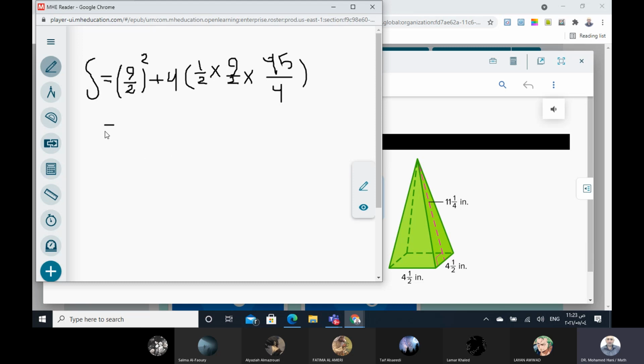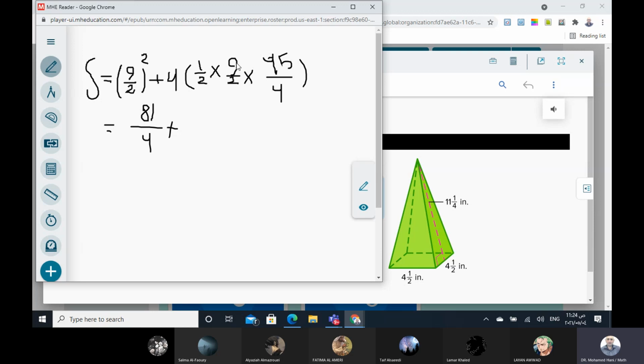Now we can calculate. 9 squared means 9 times 9, which is 81. And here 2 squared means 2 times 2, which is 4. Plus, and here 4 times a half will be 2.